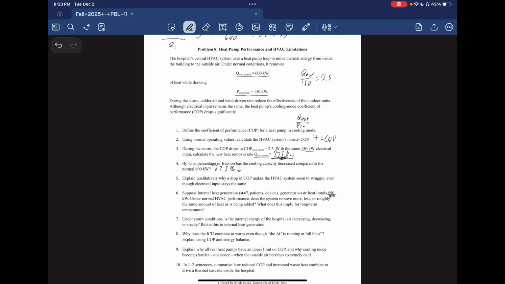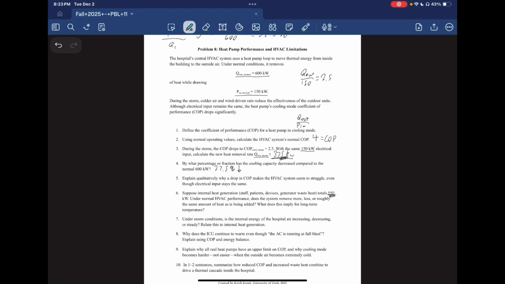And then why all real heat pumps have an upper limit on the COP, and why cooling mode becomes harder, not easier, when the outside air becomes extremely cold. Let me think about that. Well, as the outside air becomes very cold, the heat pump has to pump heat across a larger temperature distance.